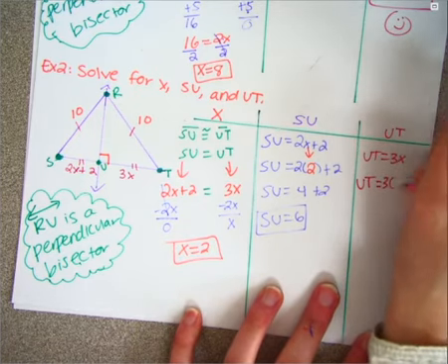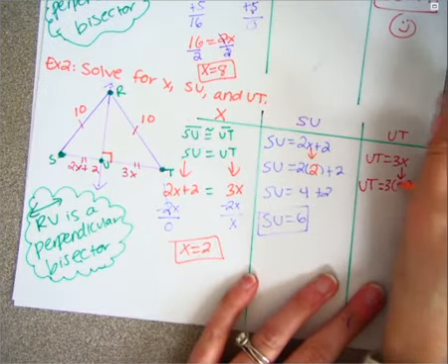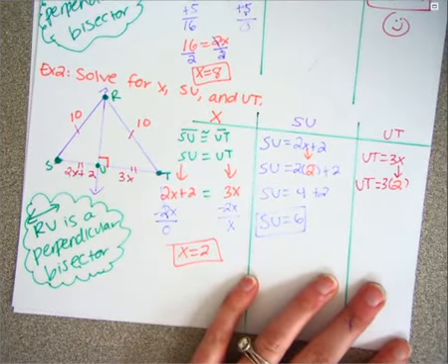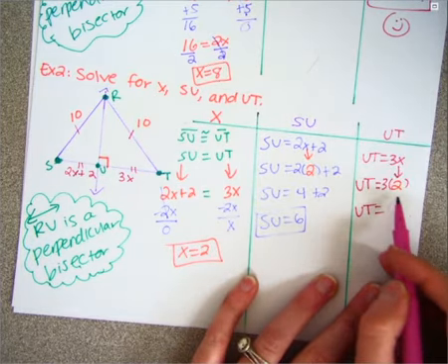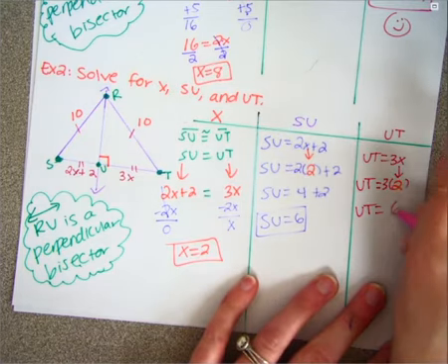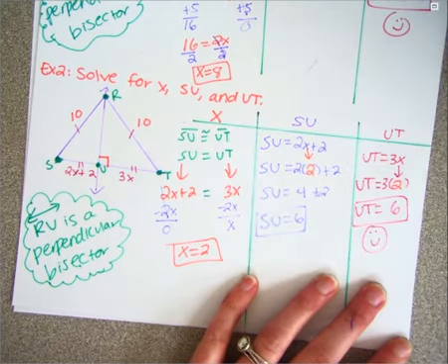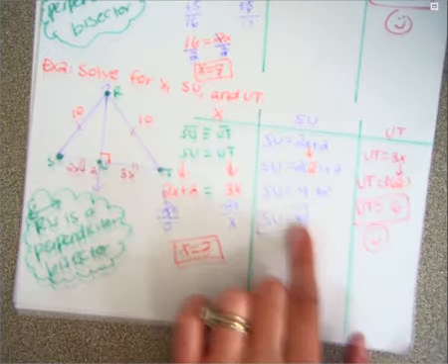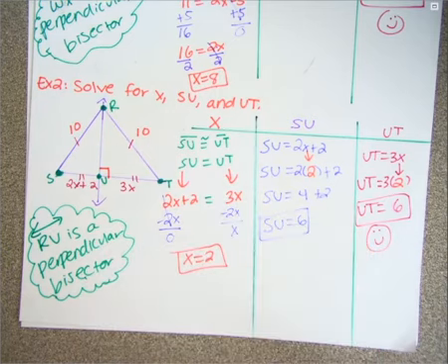I hope that it equals 6, because if it doesn't, I need to redo the problem. UT is 3 times 2, which will be a 6. Yay! We got the same thing, which means I did it right. So we have just applied the converse of the perpendicular bisector theorem. Get excited, you guys.